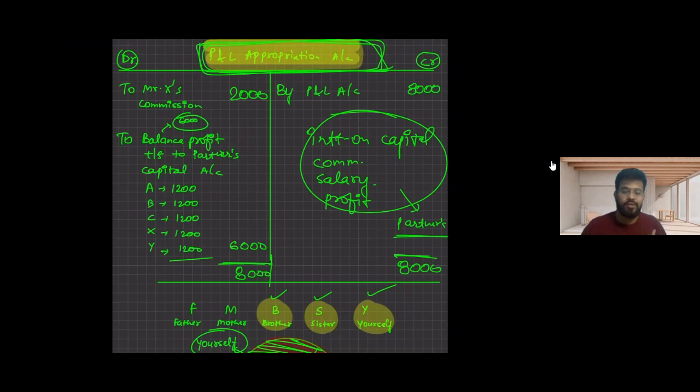P&L appropriation is nothing but how you are allocating your profit to different things. That is the appropriation or the distribution of your profit, whether it is a salary, interest, commission, or a profit. That is what is being distributed all over here.